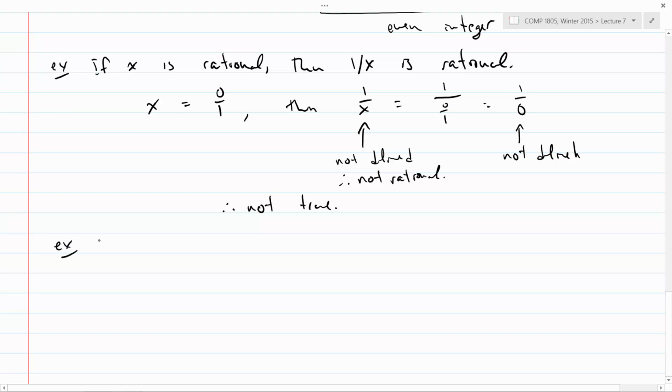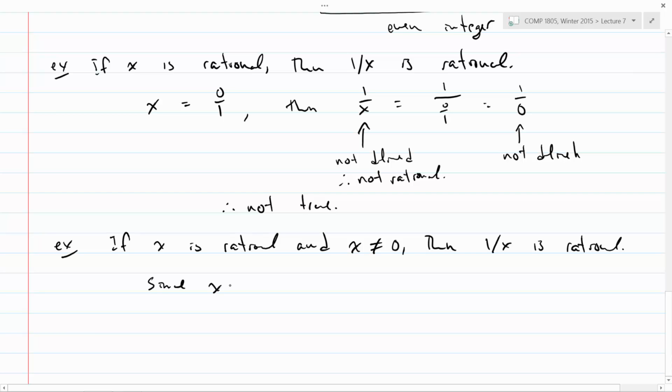As another example, if x is rational and x is not 0, then 1 over x is rational. And I know that because, well, if x is rational, x equals a over b, where a, b are integers, and b is not 0.